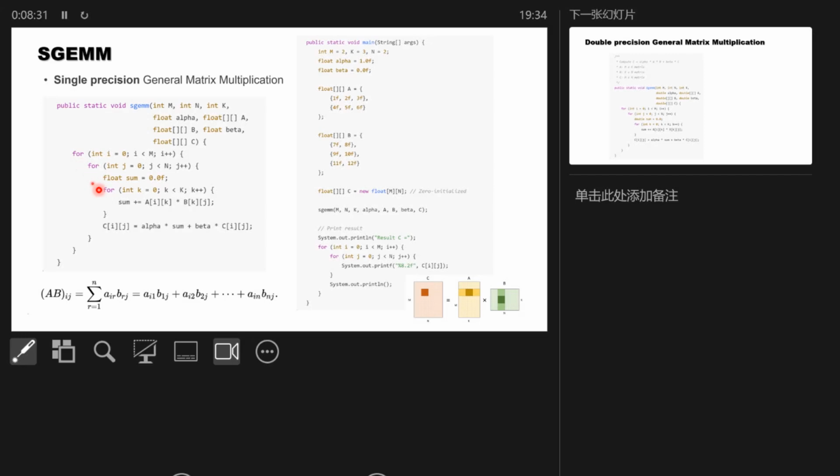You can see that this is the source code, or some of the basic code, for implementing GEMM. For i belonging to M and j belonging to N, first we calculate the sum, that is sum equals a_ik times b_kj.